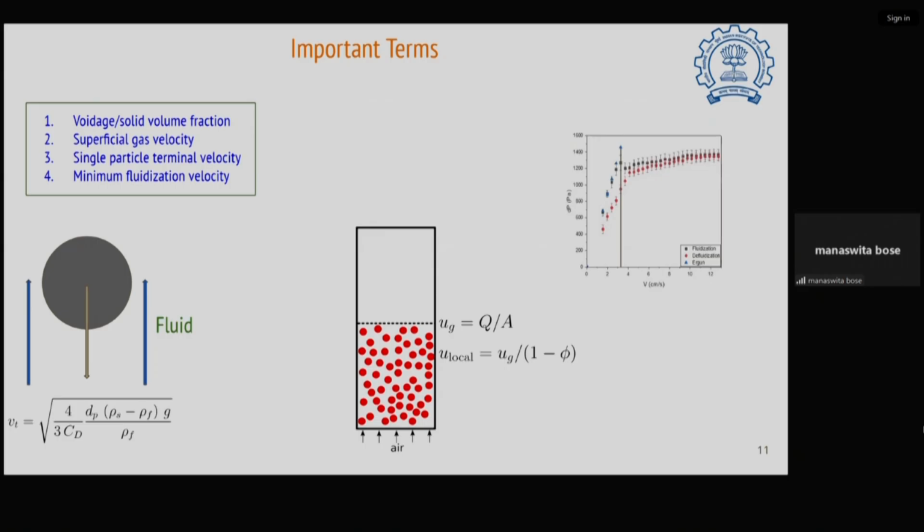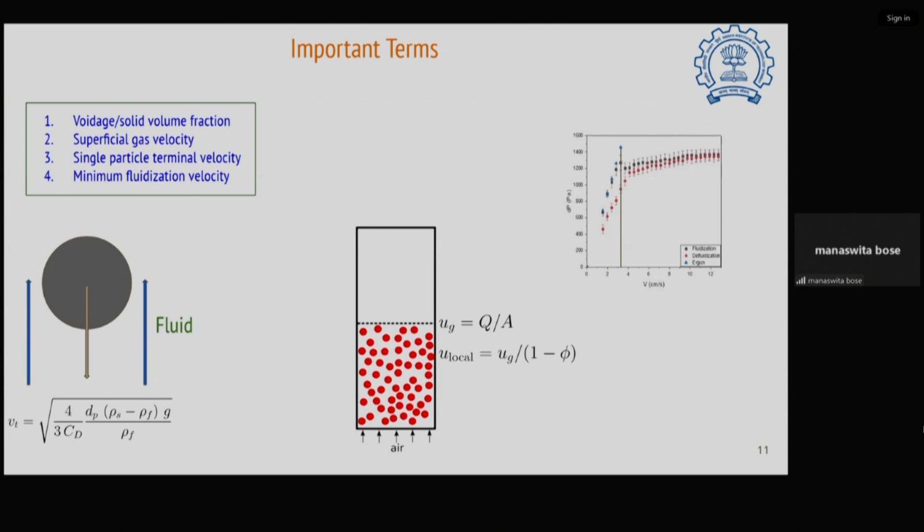So it is written as total volume minus the volume occupied by the solid, divided by the total volume. So this is going to be 1 minus the volume occupied by the solid divided by the total volume. So that is going to be 1 minus the solid volume fraction. So it would be like the fluid volume fraction. Absolutely, it is going to be the fluid volume fraction. Now, suppose there is one question here, or one point here.